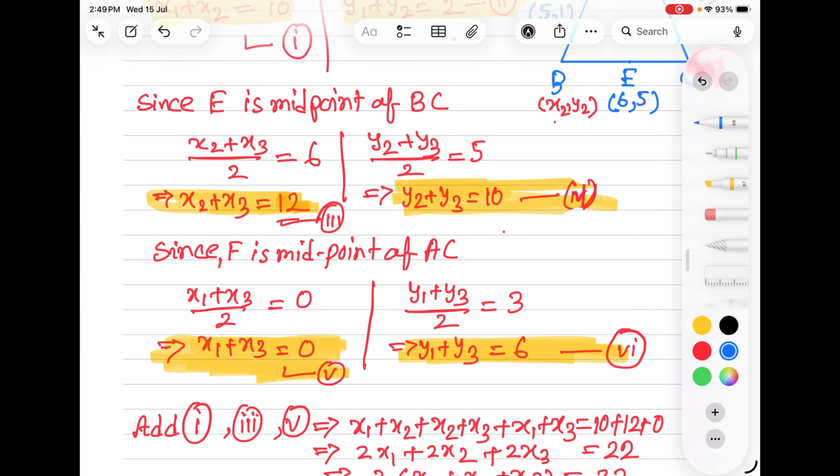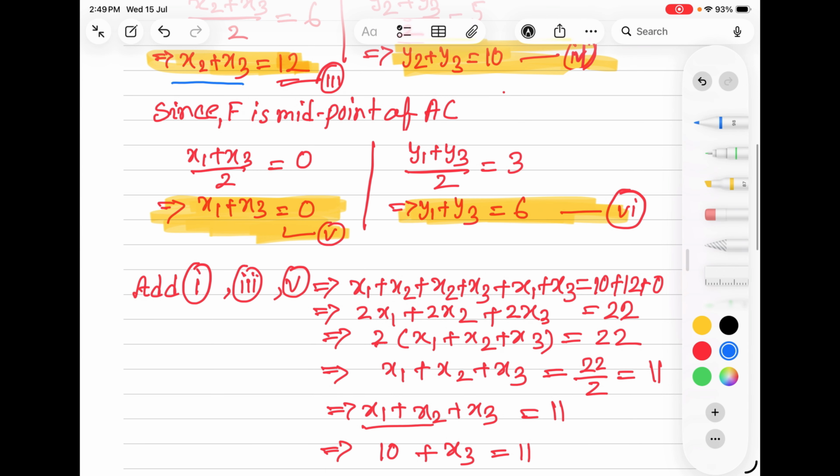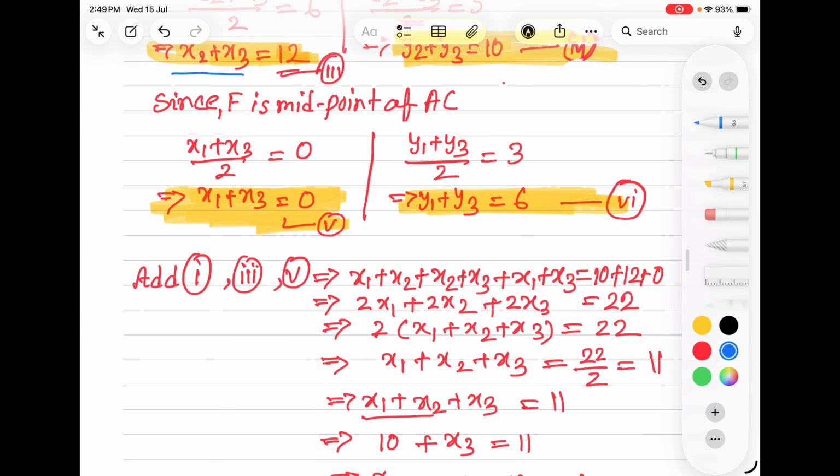Now you take equation number 3: x2 plus x3 equals 12. Why am I taking this equation? Because if you substitute the value of x3 that we just got, then you get the value of x2.